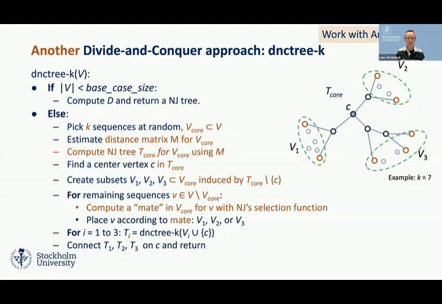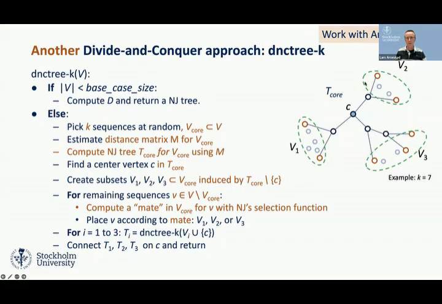And the way we solve that is by looking at the neighbor joining selection function and seeing which mate in the core set the selection function thinks is best.